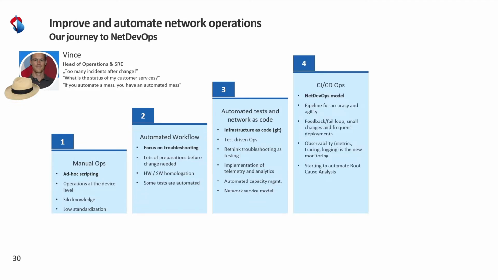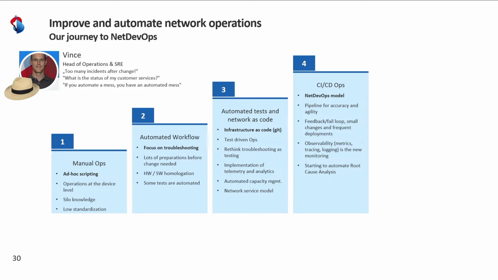And the key point that he makes here is in step number 4, CI/CD operations. So moving towards that NetDevOps model. That's how we call our agile way of network engineering and network development and network operations.